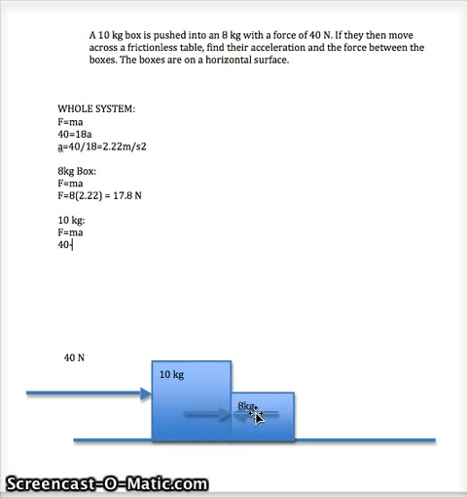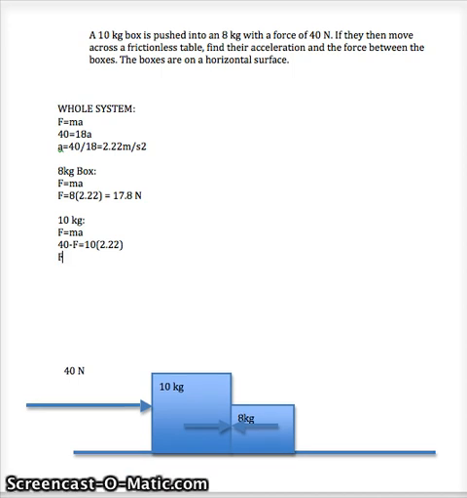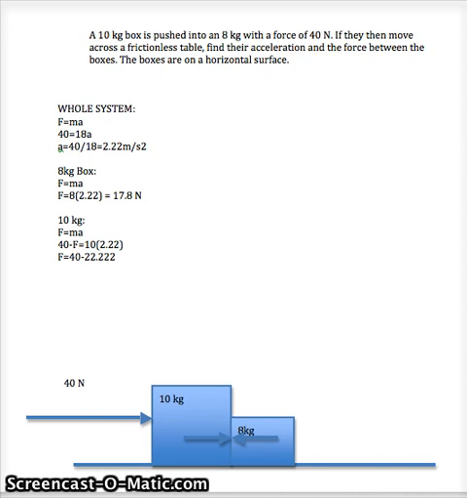So it's 40 minus F equals ma, but there the mass is 10. The acceleration is still 2.22. And if we rearrange a little bit, F equals 40 minus 22.22 repeating, which again is 17.8 newtons. Needs to be the same. These two forces need to be equal and opposite.